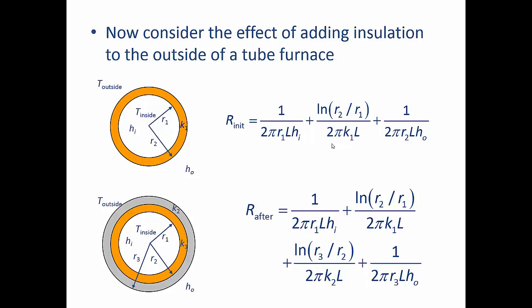And then the term for the wall of the furnace is this log R2 over R1 divided by 2 pi K1 L. If we now add insulation to the outside of this tube furnace, we of course increase the outer radius. So the outer convective term now involves R3 rather than R2, and we've also added in this additional term related to the thermal conductivity of the insulation, as well as the ratio of the outer radius to the inner radius of the insulating layer.